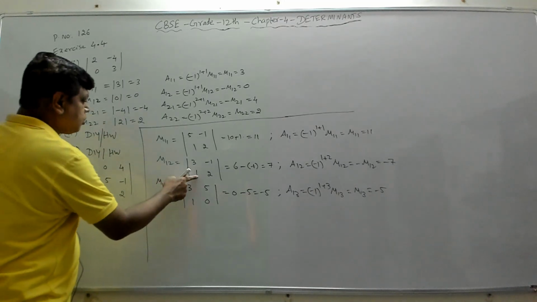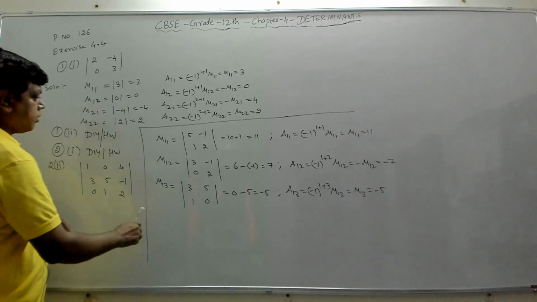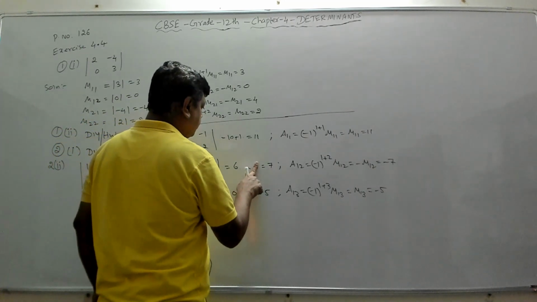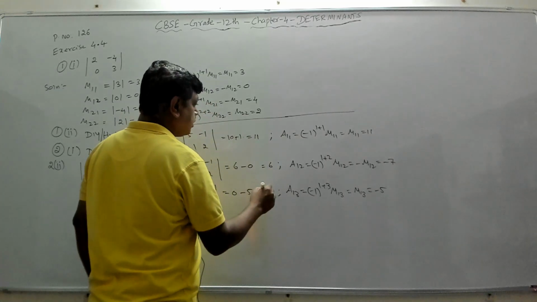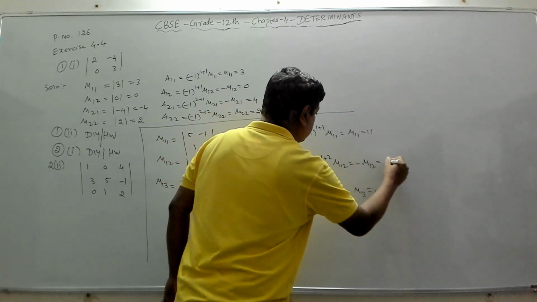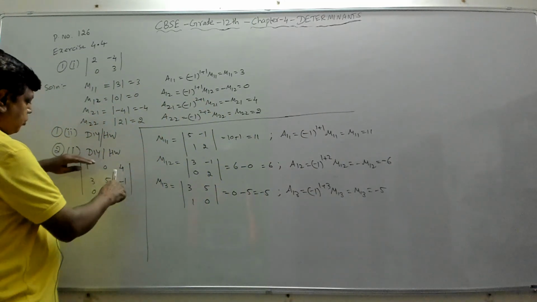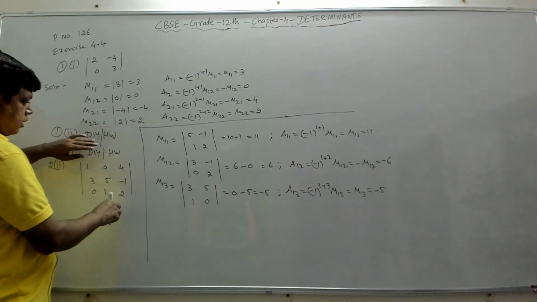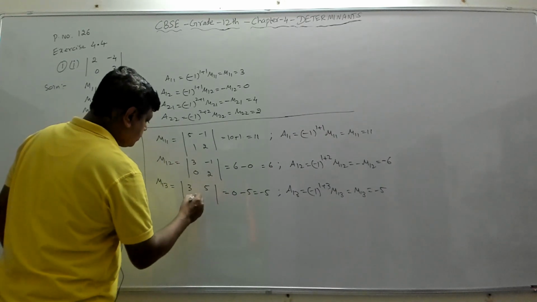Fine. Then I took this one. So this will become 0. Right? If I close this and this, so 0 means 3 2s are 6 alone will come. Minus 0, which is 6. So your answer will be 6 here also. Minus 6. Then here, if you close this and this, 3 5 0 1. Sorry, 0 1.